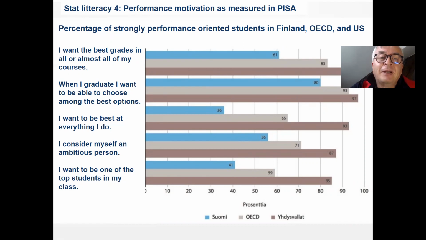But Finnish kids are well aware that almost nobody will ever get the best grades in all their courses. So even if they want to have them, it's almost impossible. Having straight A's like in the United States or a row of fives as in Sweden is almost unheard of.